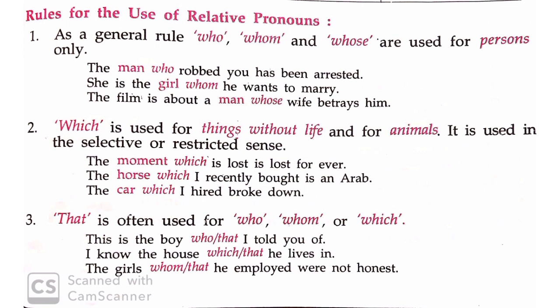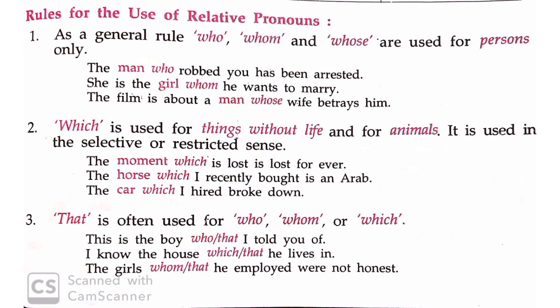I know the house which he lives in, or that he lives in. The girls whom he employed were not honest. The girls that he employed were not honest. Always that can be used in all the three cases, in exchange for who, whom and which.